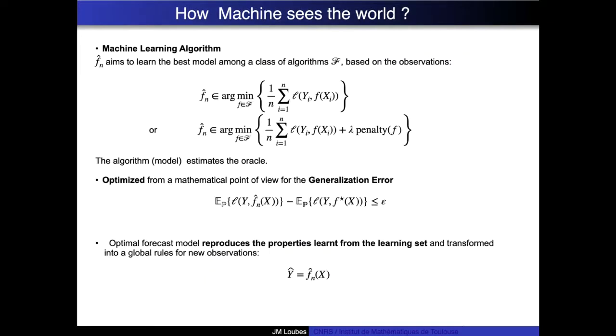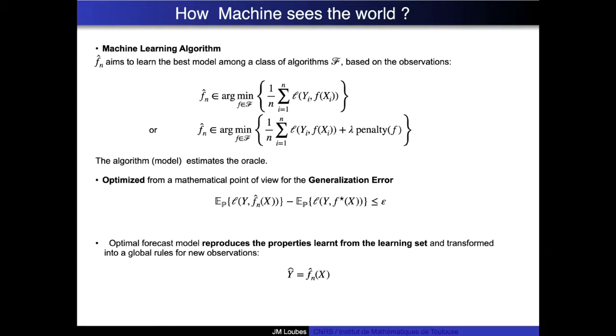In fact, you don't have that, but you only have access to the empirical distribution. So you build the model, the algorithm, by machine learning, by just minimizing over the set of all models the loss function.